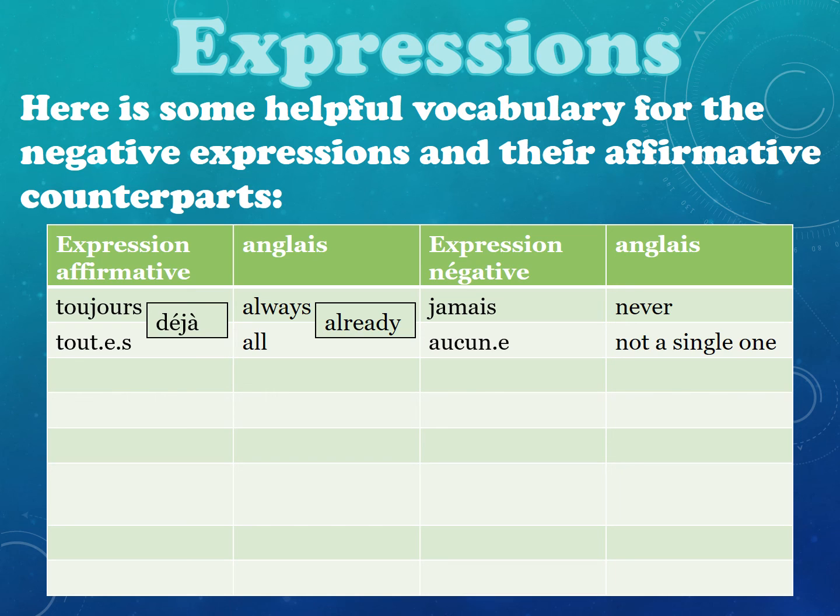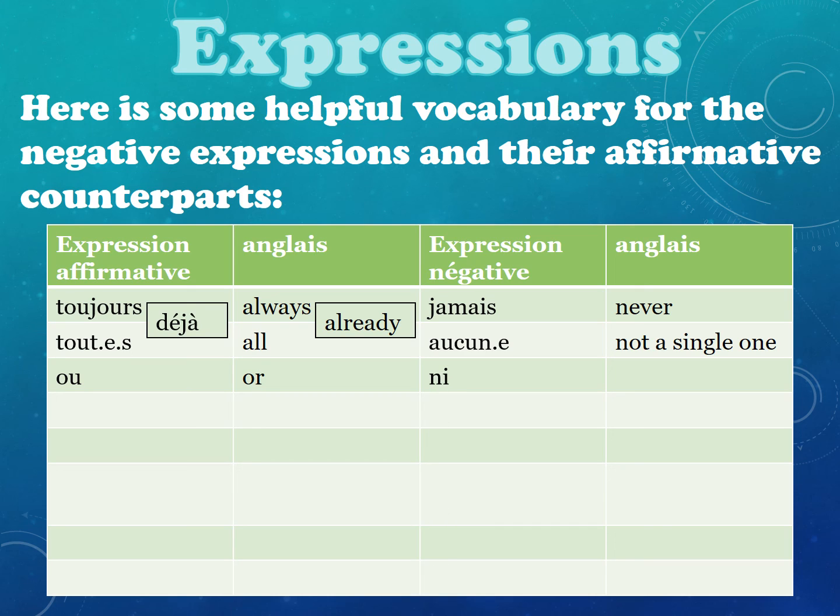Both tout and aucun need to agree with the noun that they are describing. Now, tout has multiple options because it can be masculine, feminine, singular, plural. But aucun only has a masculine and feminine option because it means not a single one. You're never going to make aucun or aucune plural.